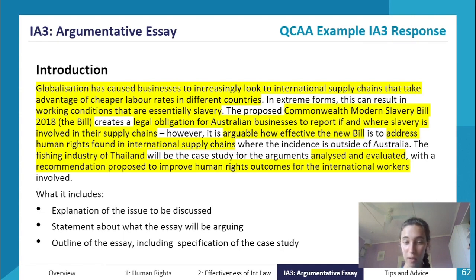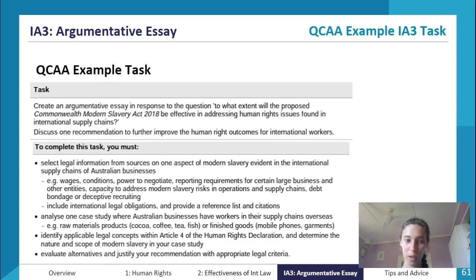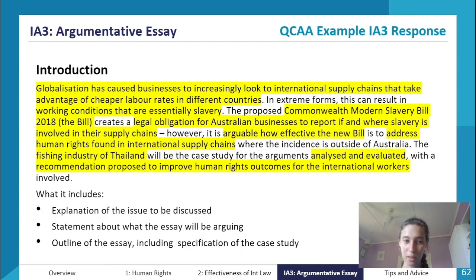In this case, I've done my own highlighting, and you can see that there is a lot of it. This is the introduction from the QCEE example of this response. And it's responding to that example that we just looked at here, the Modern Slavery Act. So what it includes: explanation of the issue to be discussed, giving some context.